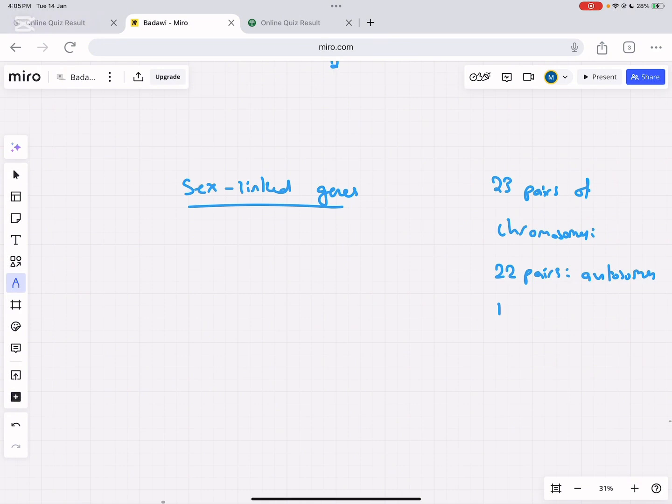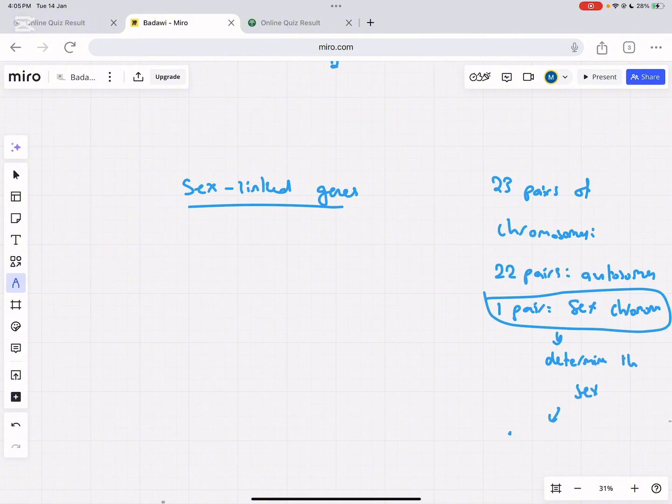And we have 1 pair, which we call the sex chromosomes. What is the function of the sex chromosomes? They determine the sex. A male will have XY, while a female will have XX.